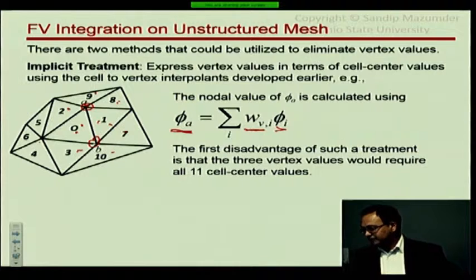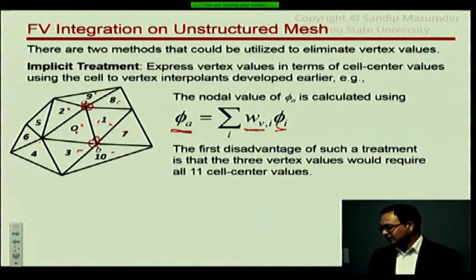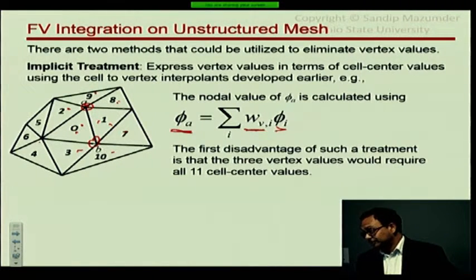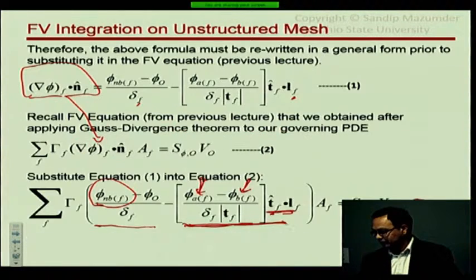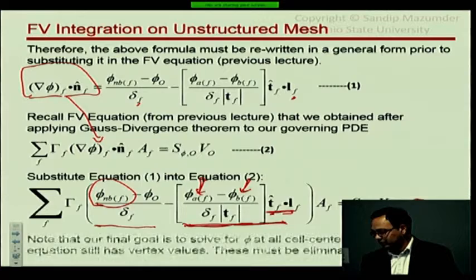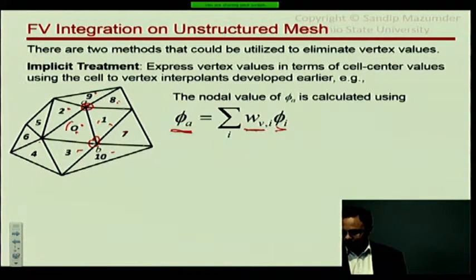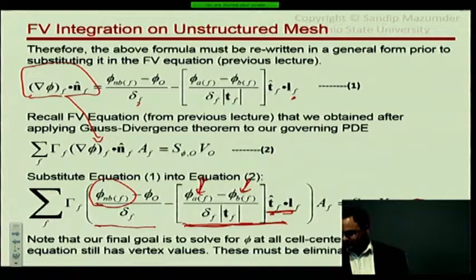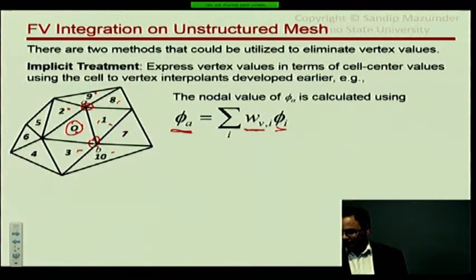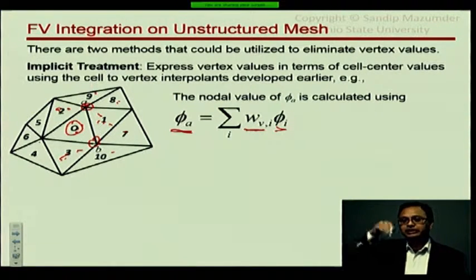The disadvantage of such a treatment is this. If I look at this figure here, suppose I'm trying to develop a finite volume equation for that node with just this term, my equation would have 4 terms in it, 3 neighbors and the cell center.